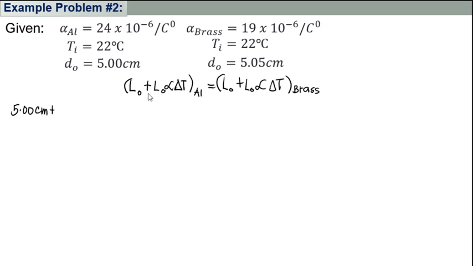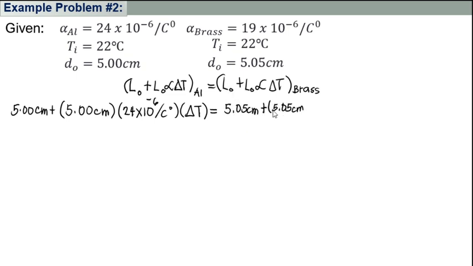By substitution, these are the given for the aluminum ring, and that is 5 cm plus the product of 5 cm times 24 times 10 raised to negative 6 per Celsius degree times the change in temperature, which is unknown, is equal to, for our brass rod, that is 5.05 cm plus the product of 5.05 cm times 19 times 10 raised to negative 6 per Celsius degree times the change in temperature.